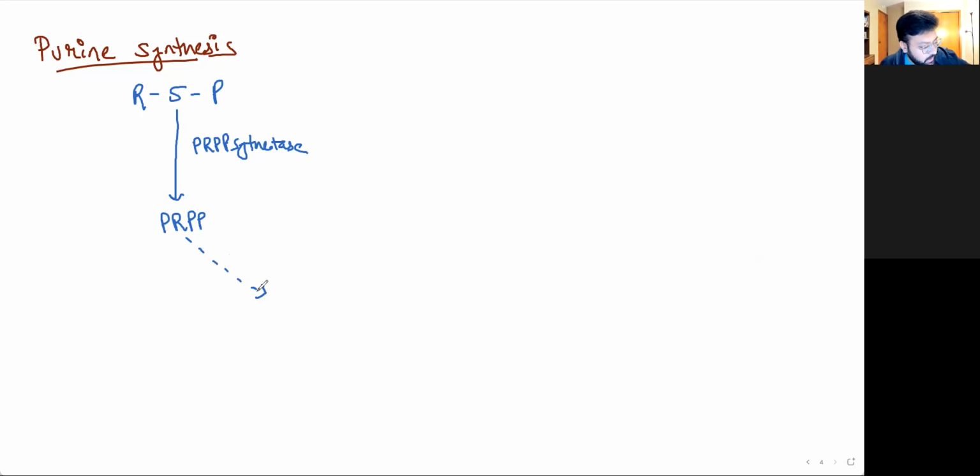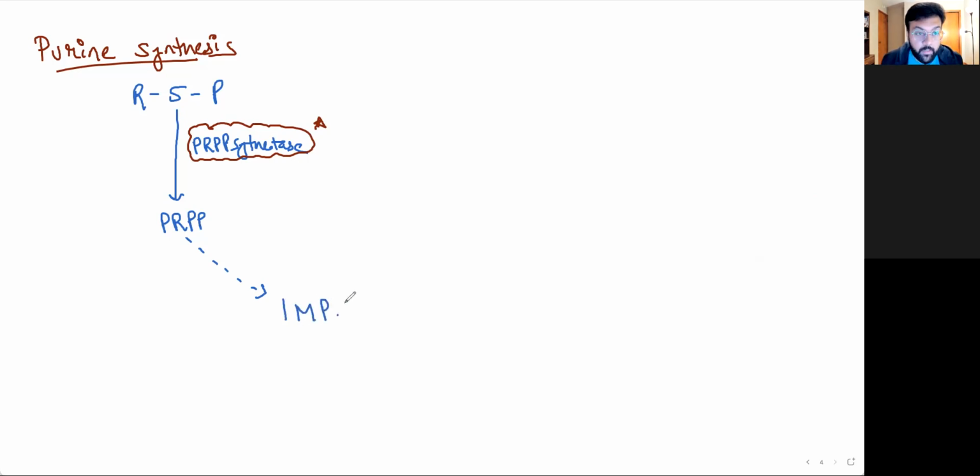This magic step needs a very important enzyme, and you want to convert this PRPP into one product which is called inosine monophosphate.